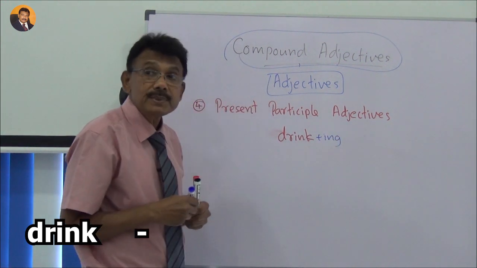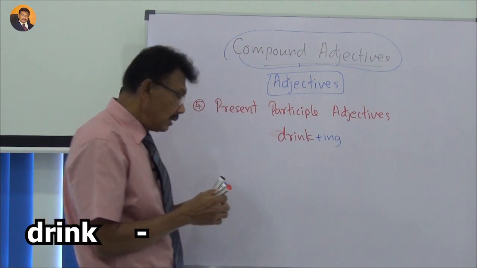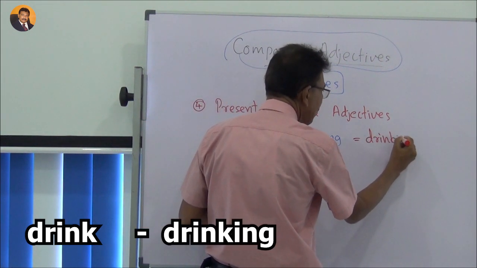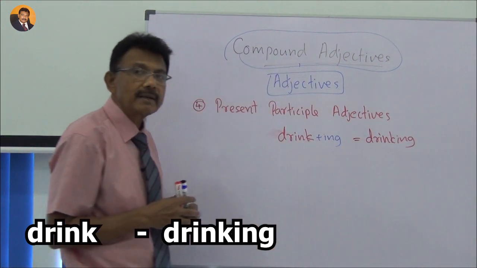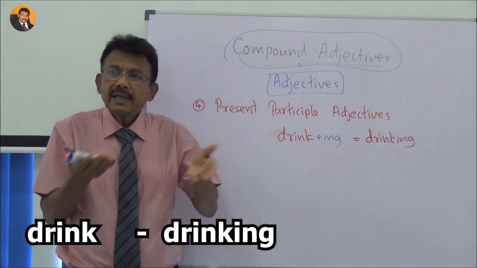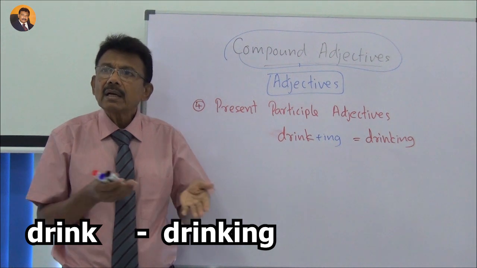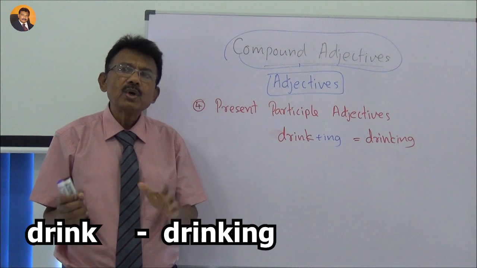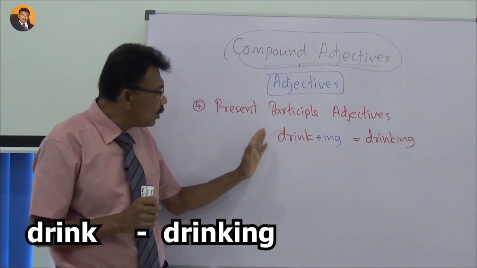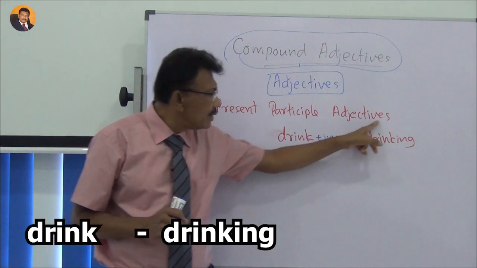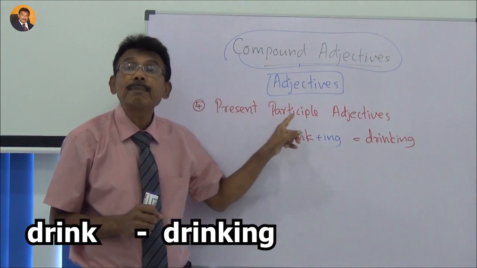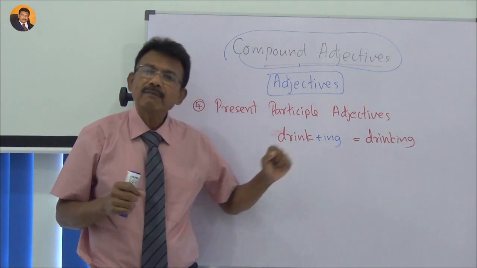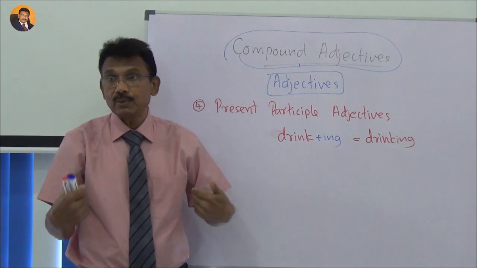So it becomes what? Drinking. Okay, right. Eat, eating. Run, running. Swim, swimming. Wash, washing. So this ing form is called the present participle. So we can use this present participle form as an adjective.